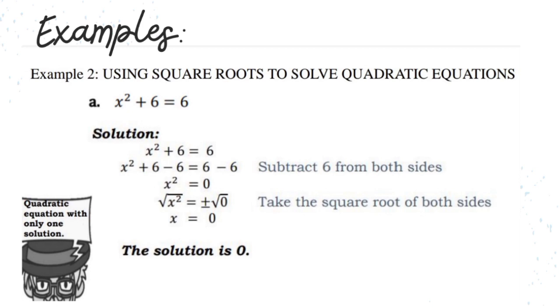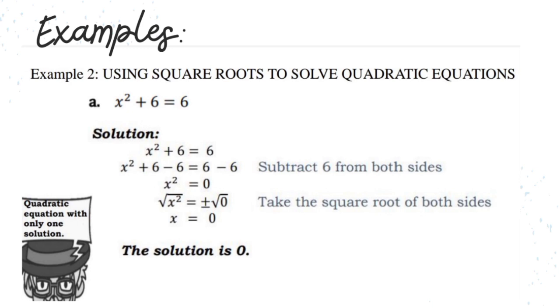Then afterwards we're going to solve this. 6 minus 6 will be 0. So as you can see in the third solution, we're simply going to extract again the square roots of x squared and 0. For x squared, when you extract it, you will get x for its root. And for 0, when you extract it, it will be the same, which is 0.